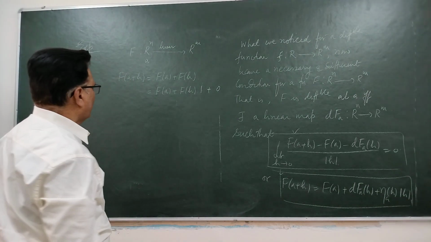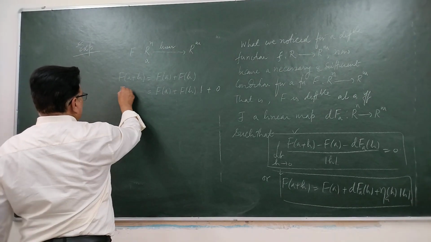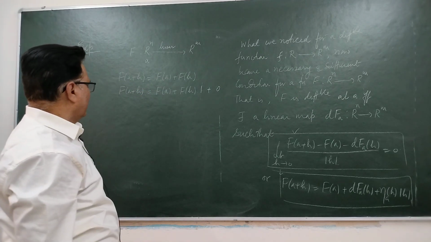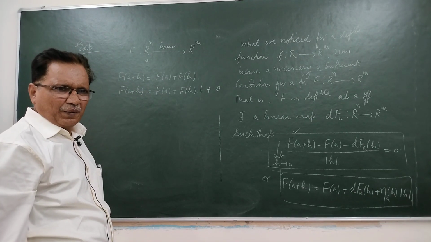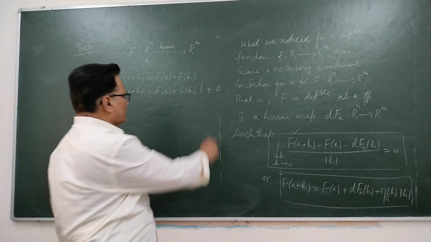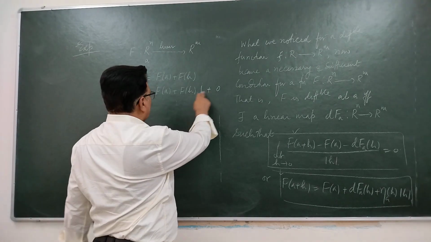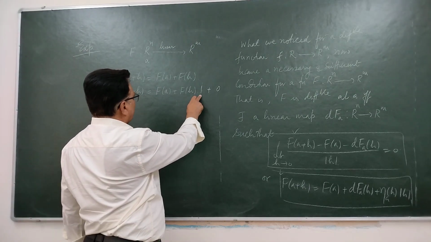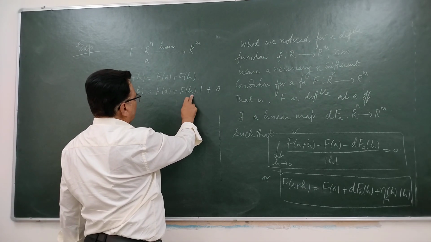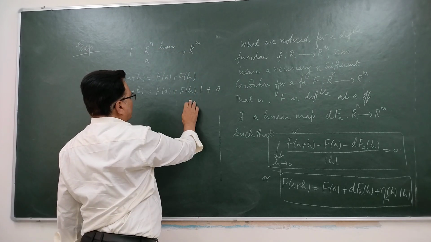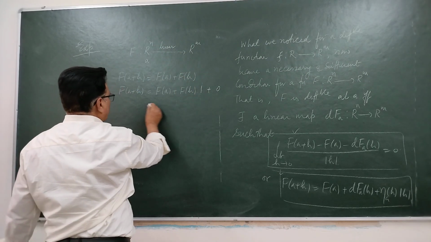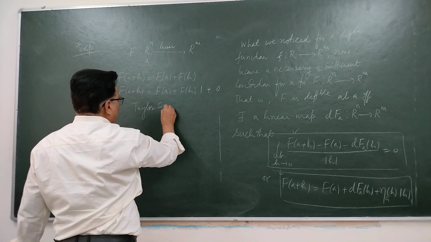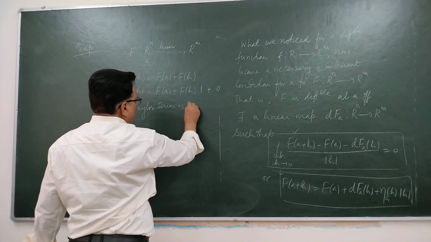Now, if you read this, you will say that the Taylor series is satisfied, because this is a continuous function. This is a matrix and it is multiplied by h. So what type of matrix? This is an n by n type matrix. So the Taylor series is satisfied.